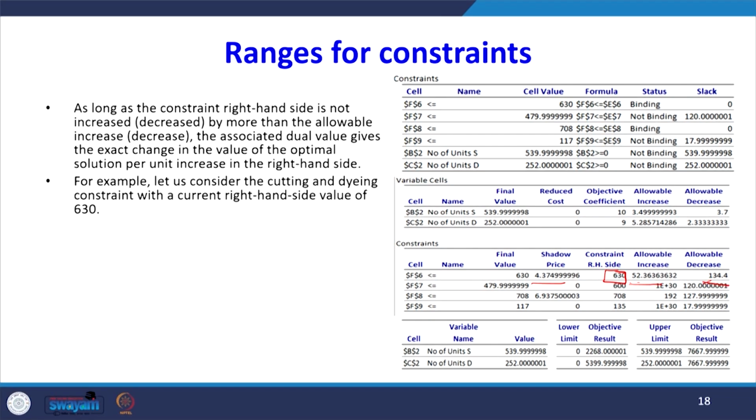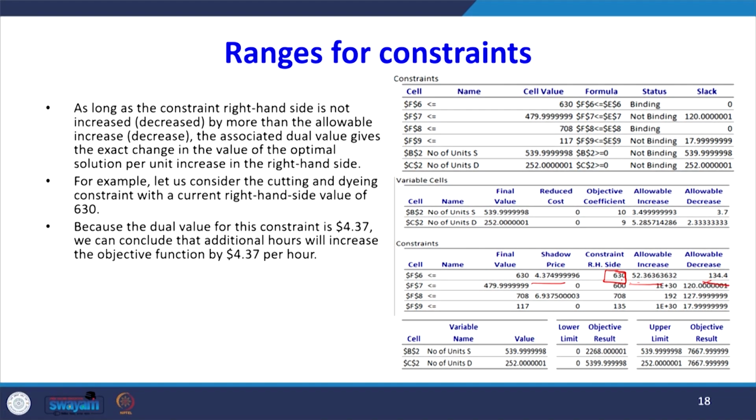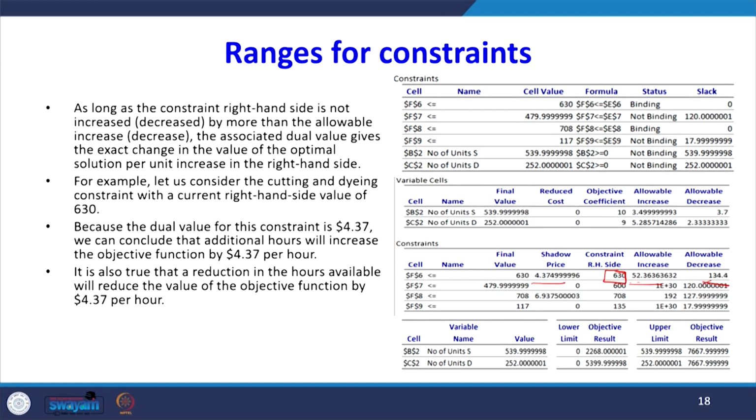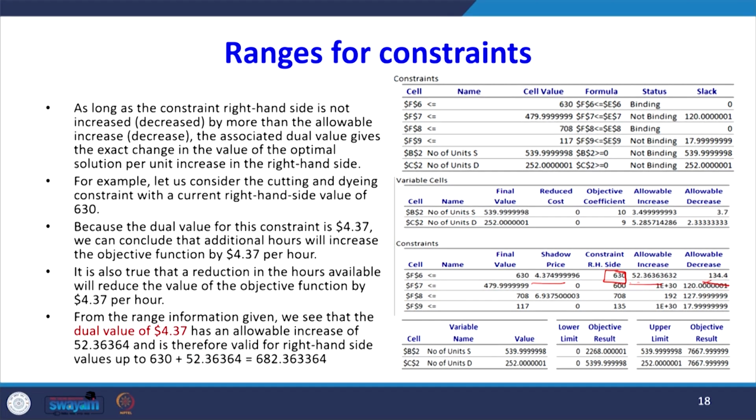For example, let us consider the cutting and dyeing constraint with current right hand side value 630. Because the dual value for this constraint is $4.37, we can conclude that additional hours will increase the objective function by $4.37 per hour. That is what we studied about the dual value. It is also true that a reduction in hours available will reduce the value of the objective function by $4.37 per hour.